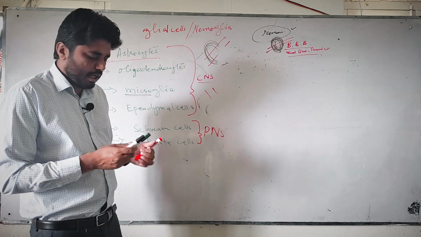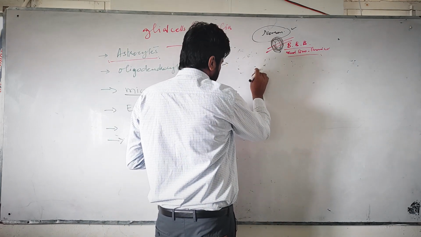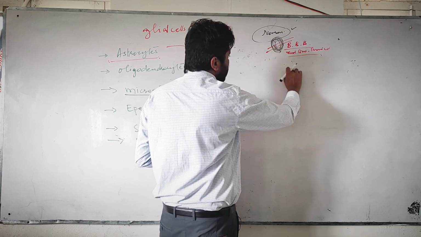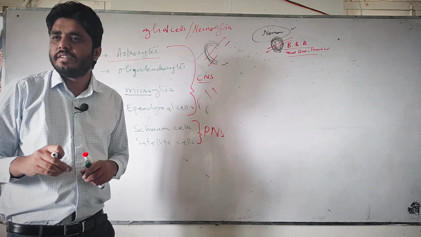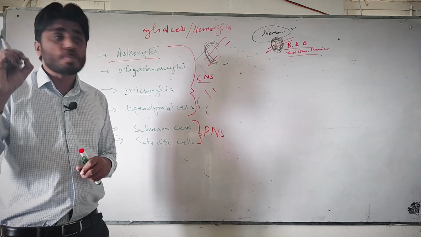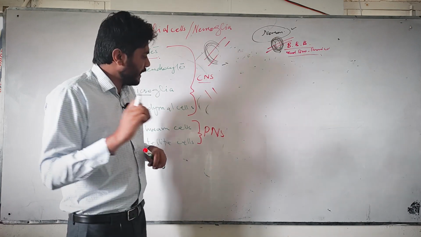They are found around the ganglion. What is ganglion? Can you define it? A group of cell bodies outside the central nervous system.